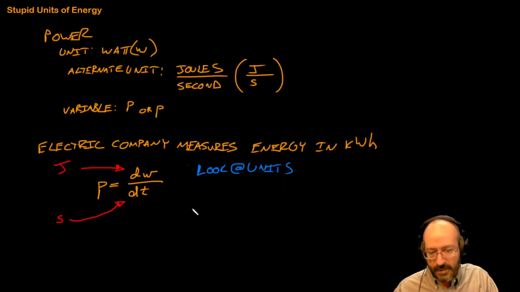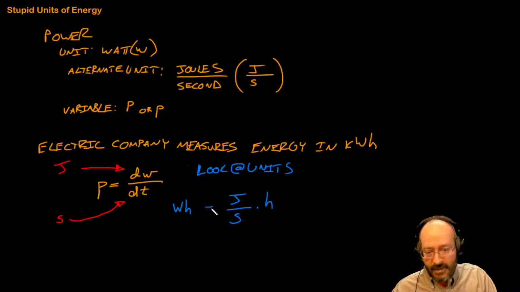If we're looking for kilowatt hours and we want to get it down to energy, then for power, it's going to be joules per second times hours, and that's what gives us, not a kilowatt hour. This just gives us a watt hour. So there's another factor in there because of the prefix. So watt hours equals joules per second times hours, and these don't cancel nicely.